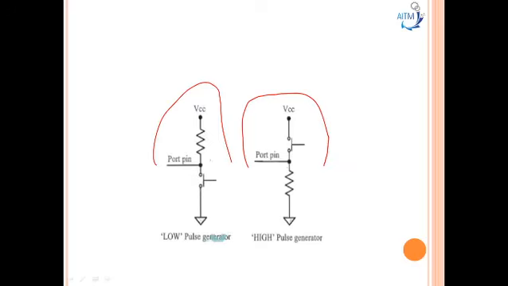The push button is connected to the controller at this pin, and VCC is the power supply to this circuit. This low pulse generator is used for the push to break configuration, and this high pulse generator is used for the push to make configuration of the push button here.